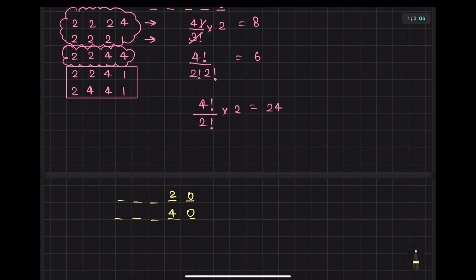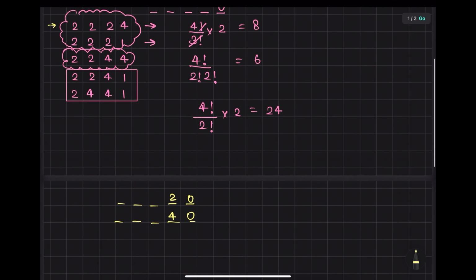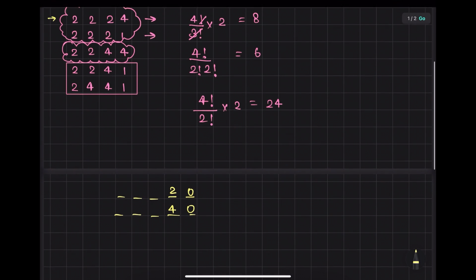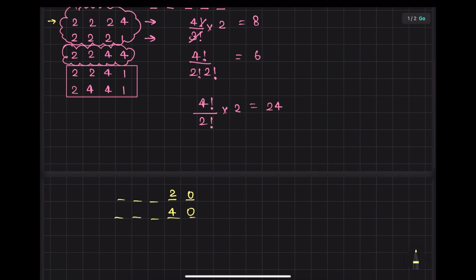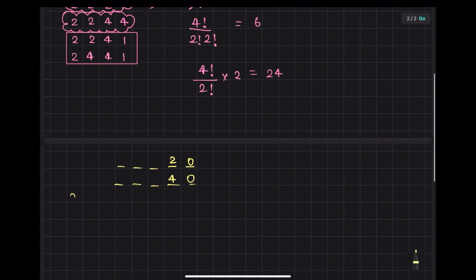First I will consider the case 20, then later I'll consider 40. So you know that 0 is used already, and 2 is used already. Now we are left with 2, 2 and 4. So the first number uses 2, 2 and 4.